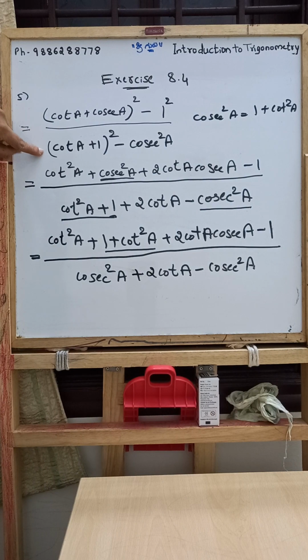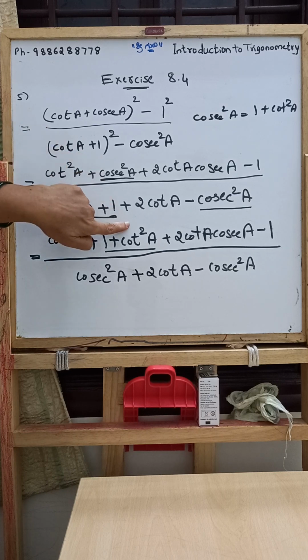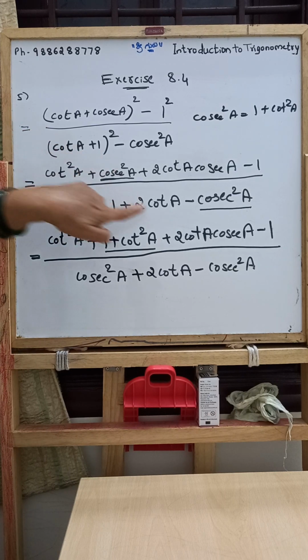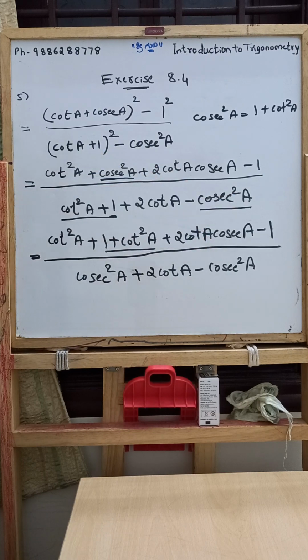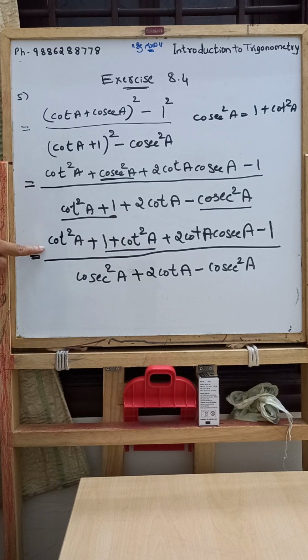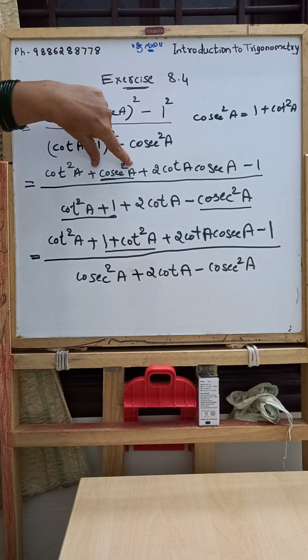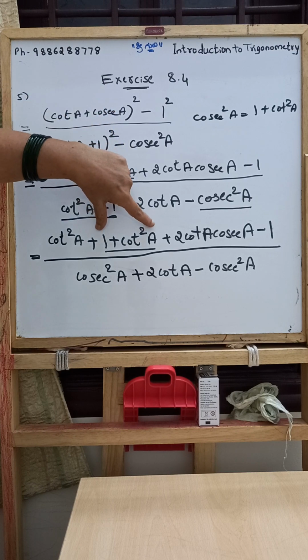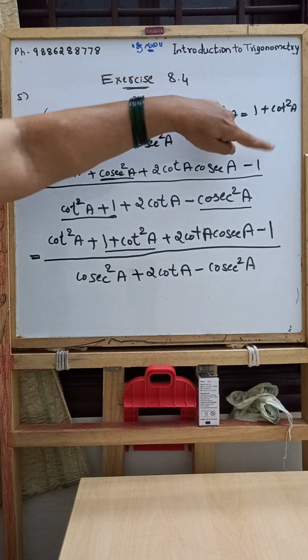In the denominator, the first term is expanded as first term square plus second term square plus 2 times first term into second term, minus cosec square A. But we know that cosec square A is equal to 1 plus cot square A. We use that identity in the numerator: we wrote cot square A as it is, and in place of cosec square A, we wrote 1 plus cot square A. Then the other terms as they are.